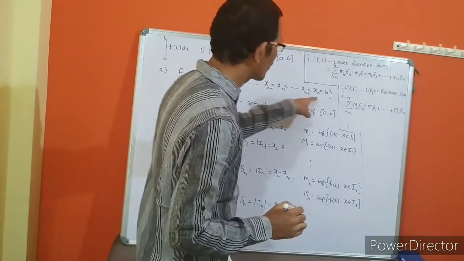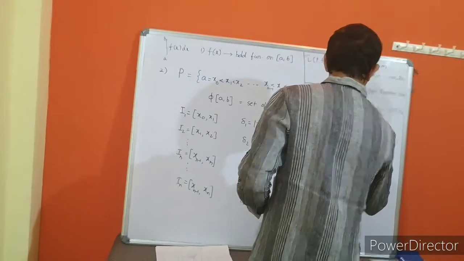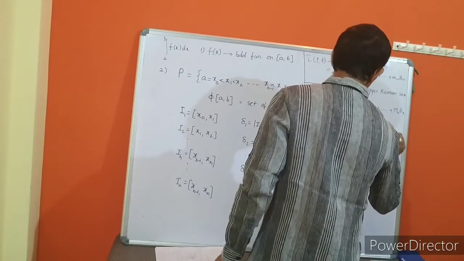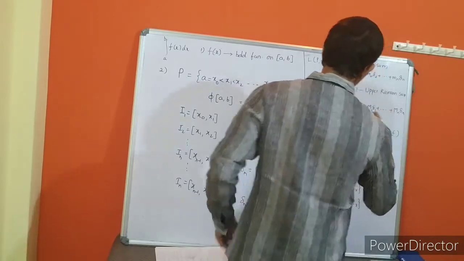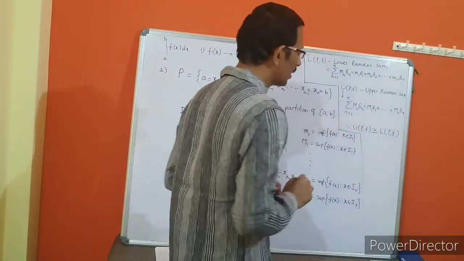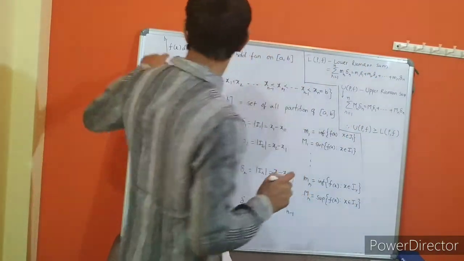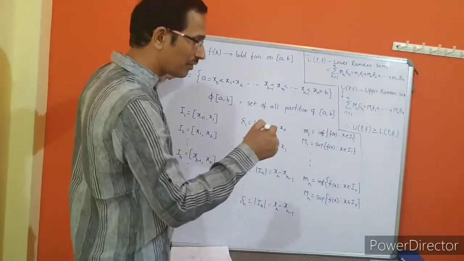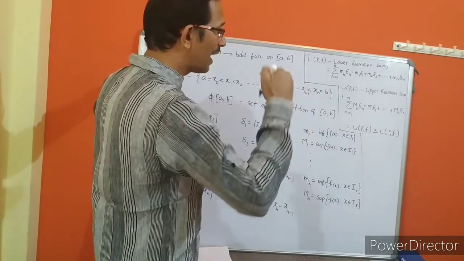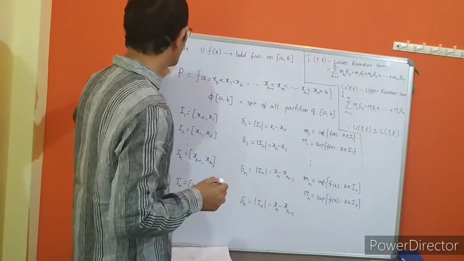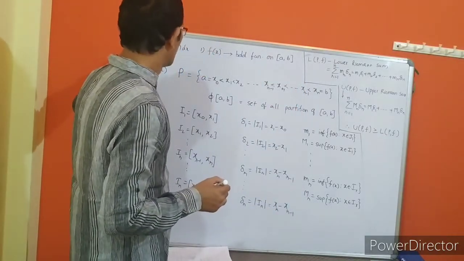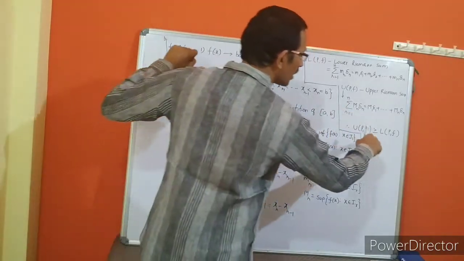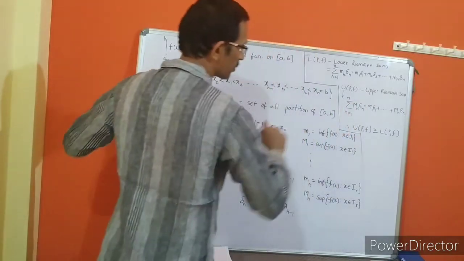Most importantly, we observed that for any partition P of closed interval [a, b], the upper Riemann sum is always more than the lower Riemann sum. Because the upper Riemann sum is an approximation of the original integral a to b f of x dx, that is, the area under the curve f of x and above the x-axis. Similarly, the lower Riemann sum is also an approximation.